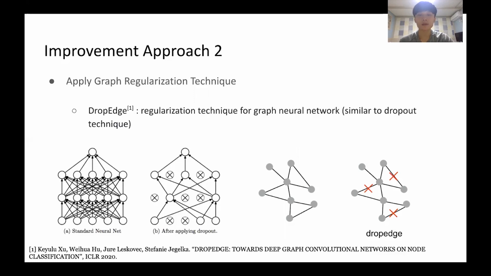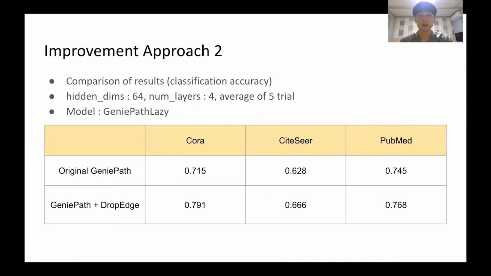So we applied this technique to the original implementation of GeniePath and report the performance. As a result, the dropout technique increased the model's performance on the test set by an average of 5% in the transductive learning setting. We will experiment with the inductive setting soon.